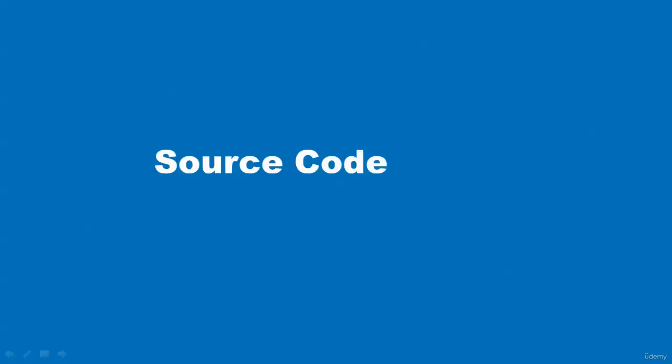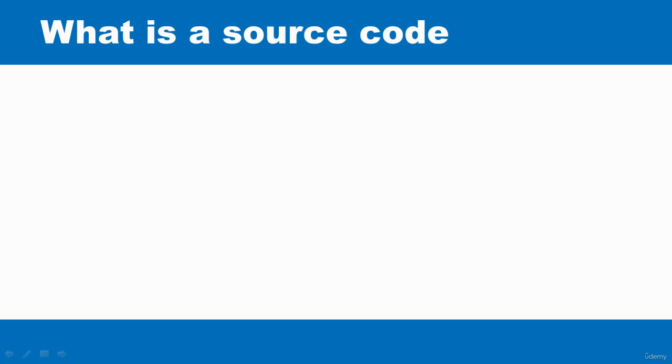Hello and welcome. In this video, I will explain what a source code is and will also show you how to view a web page source. What is a source code?